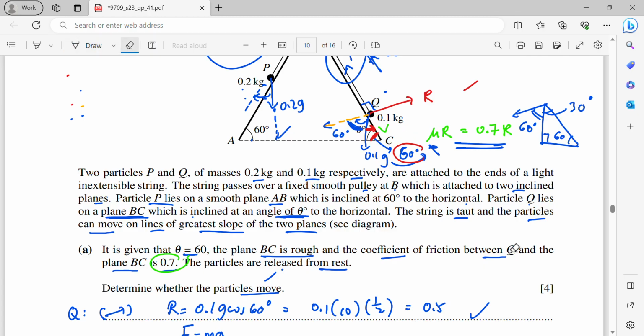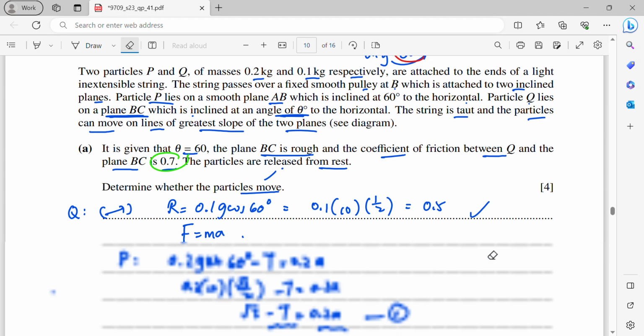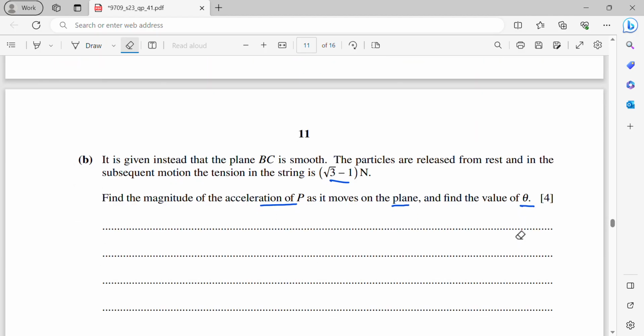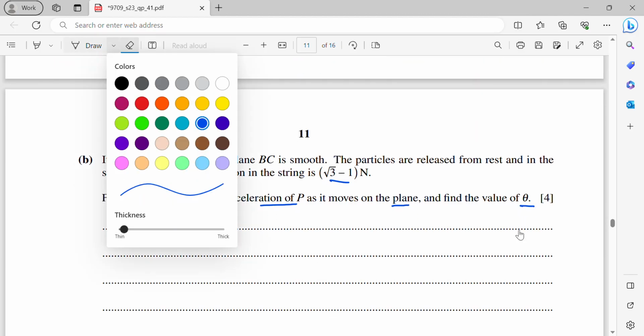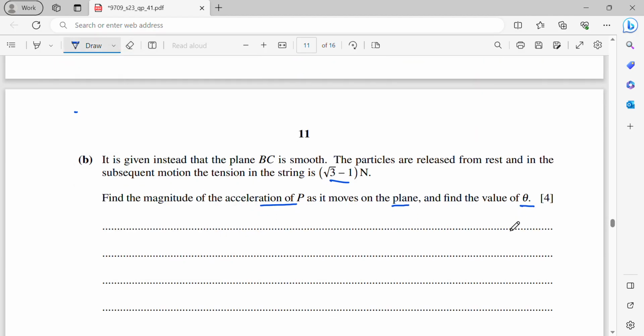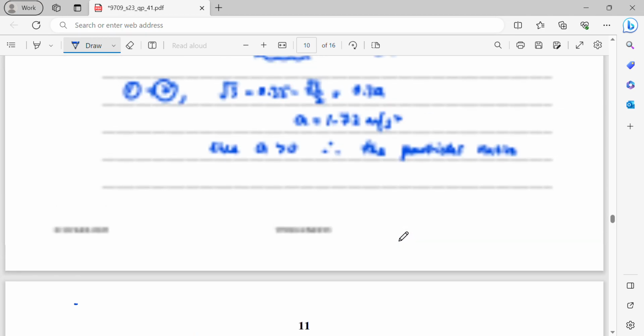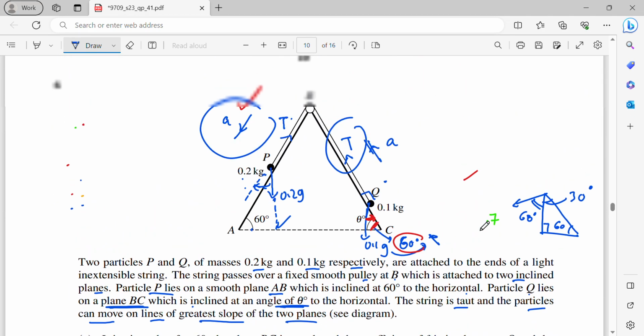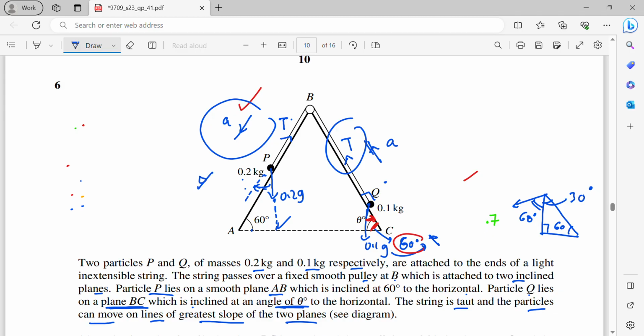So no more FR over here, and no more R as well, so this part will be cancelled. Then we will just use the same concept: P is heavier, therefore it will go down, and then Q will move up.